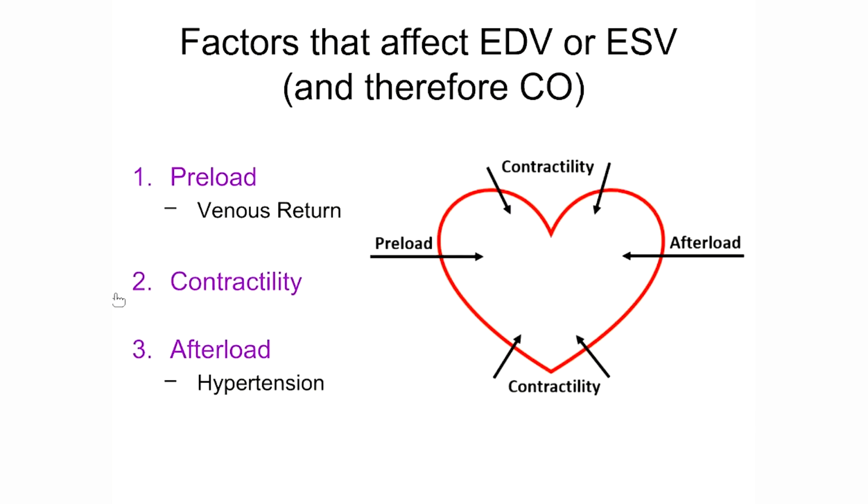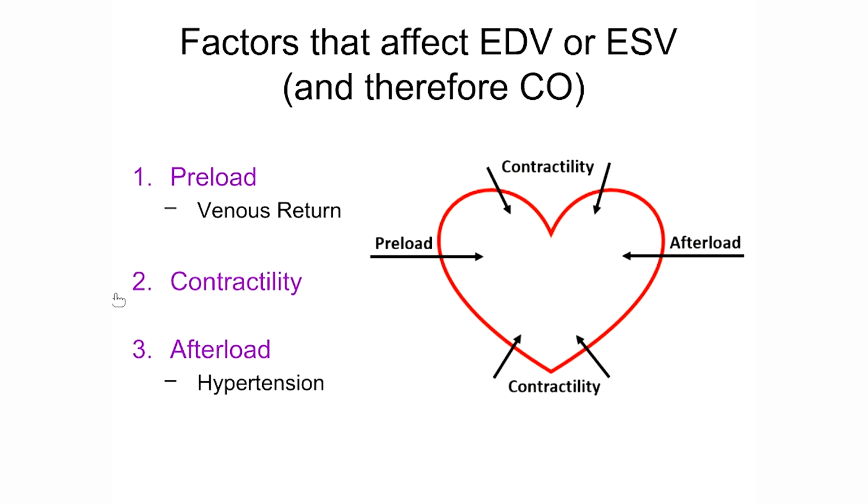So because stroke volume is equal to the EDV minus the ESV, anything that affects EDV or ESV is going to affect the stroke volume, and because it affects the stroke volume, it's going to affect the cardiac output. So I've got a list of 3 things on this slide that affect EDV or in some cases ESV, and because of that affect stroke volume and therefore affect the cardiac output.